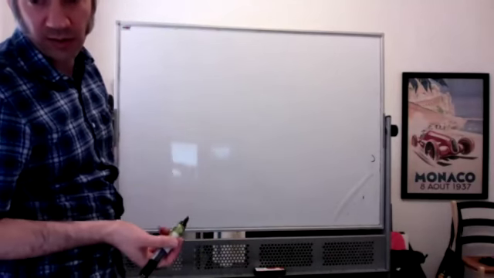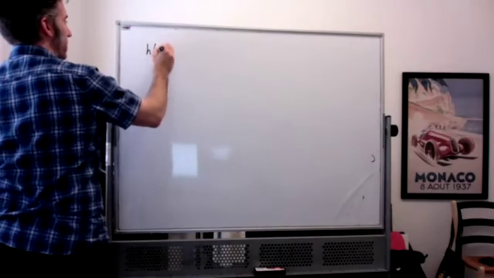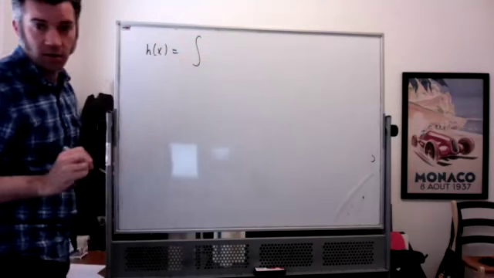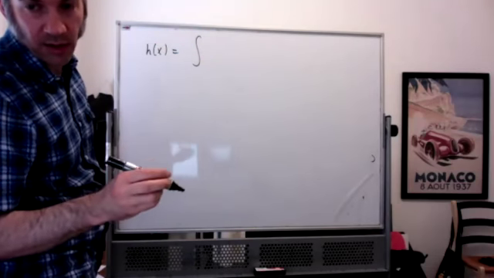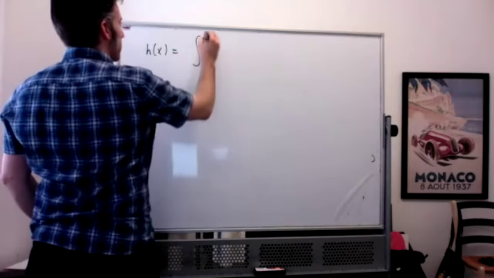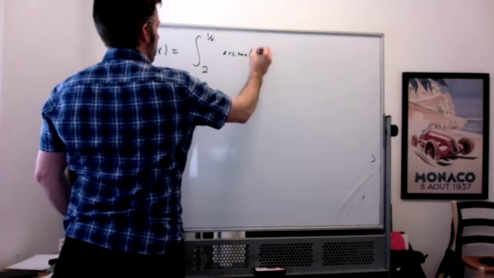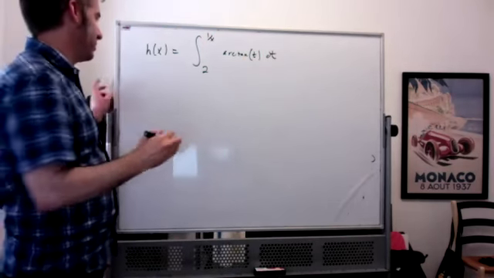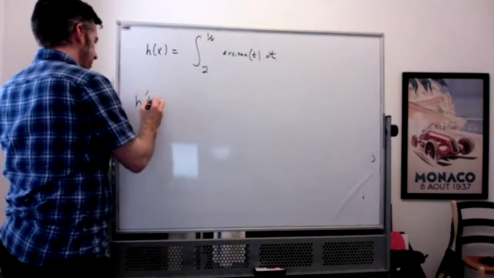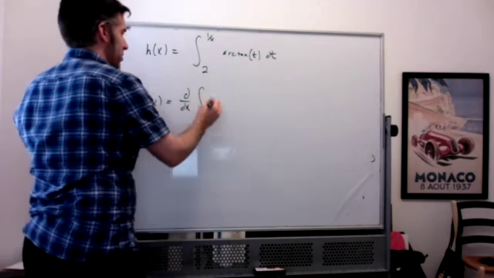So here's number 6 from our practice, and we want to find the derivative of h of x equal to the integral from 2 to 1 over x of the arc tangent of t dt.